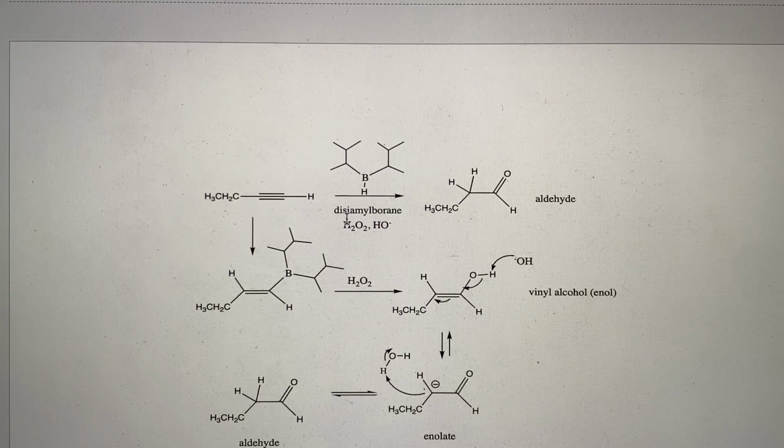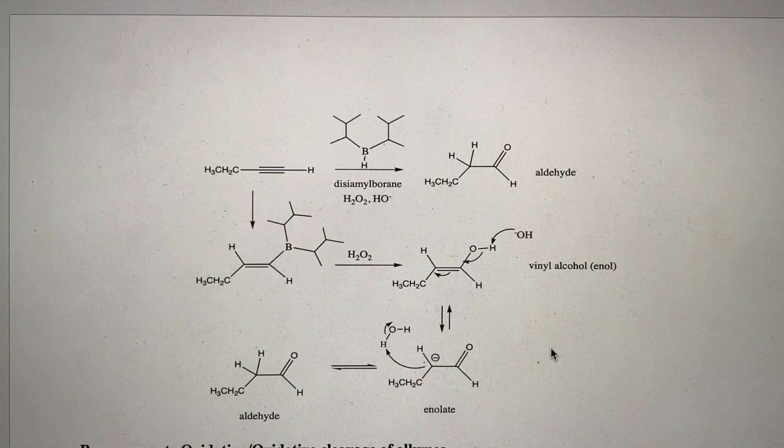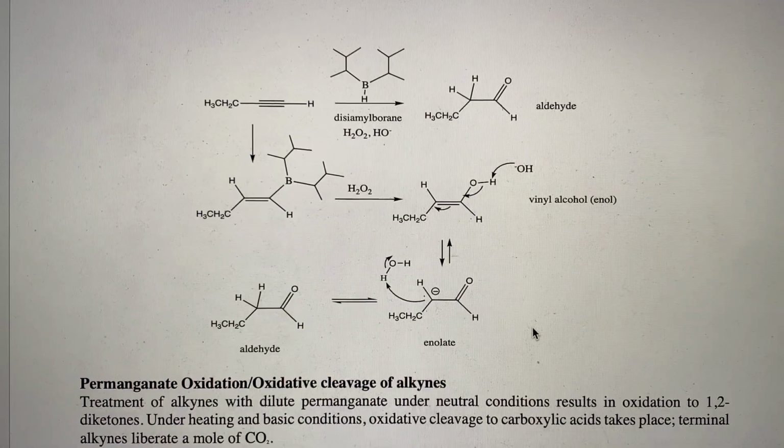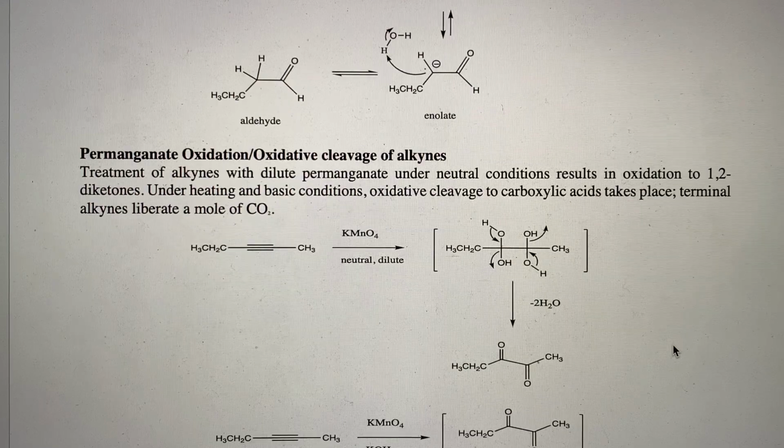Here is isoamyl, okay, with hydrogen peroxide, and the basic conditions, anti-Markovnikov. So guaranteed, okay, the double bond is going to go to the less substituted carbon. If it's terminal, it becomes an aldehyde.